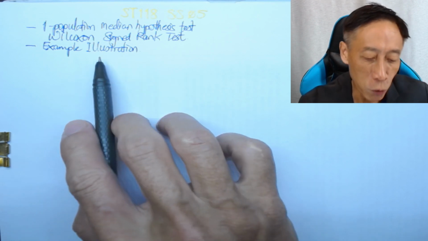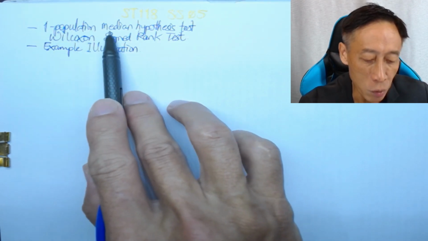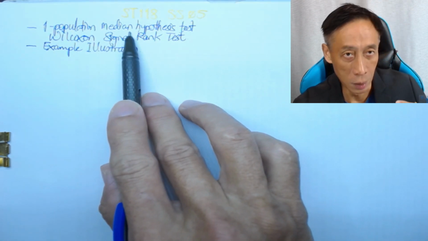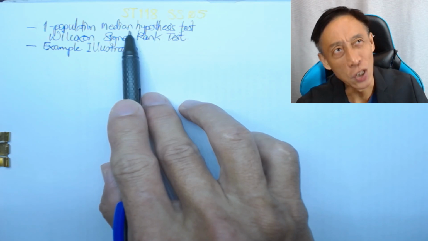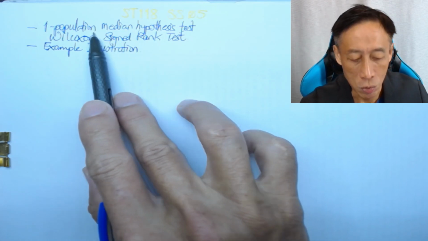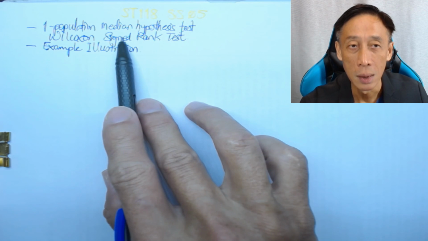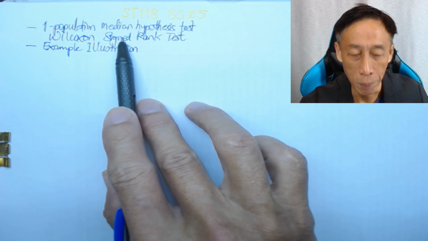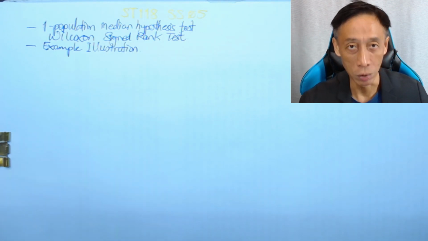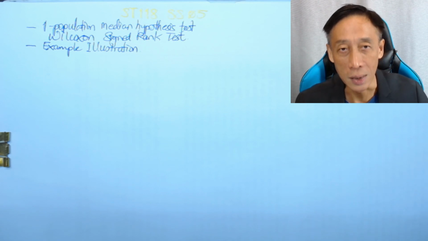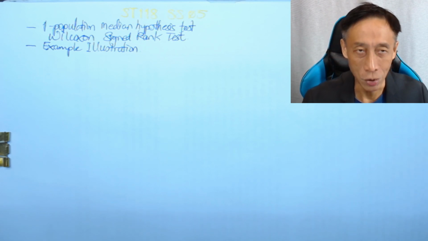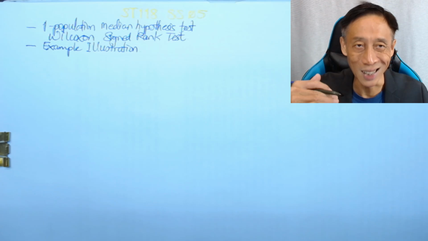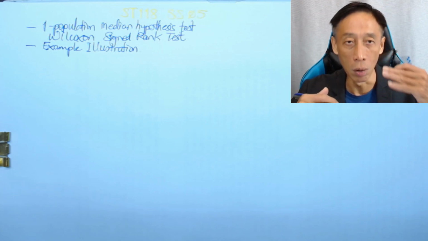Now, not forgetting that we are doing a one population median test, right? The real life situations or reasons why you want to do this are very similar to the parametric tests, i.e., we are trying to assess, judge or make decisions based on a certain fixed standard, right? Do you meet the standard or not?